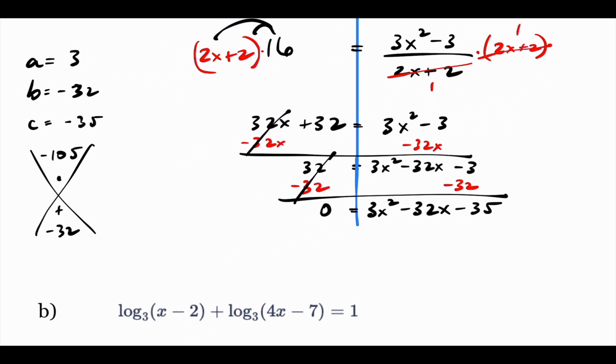It's actually going to be the numbers you used earlier. It's going to be negative 35 and positive 3. They multiply to be the top and they add to be the bottom.